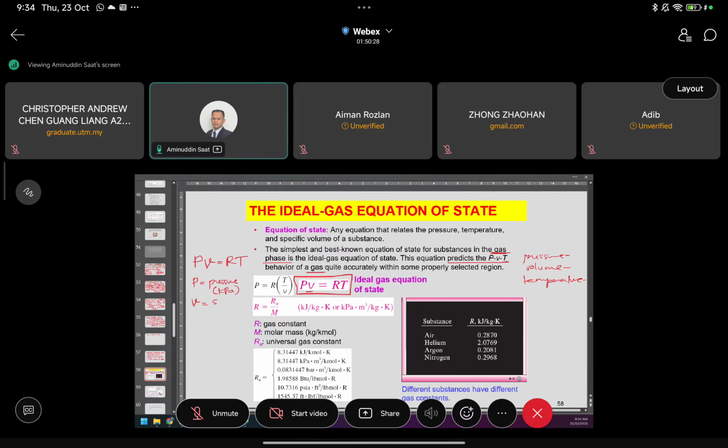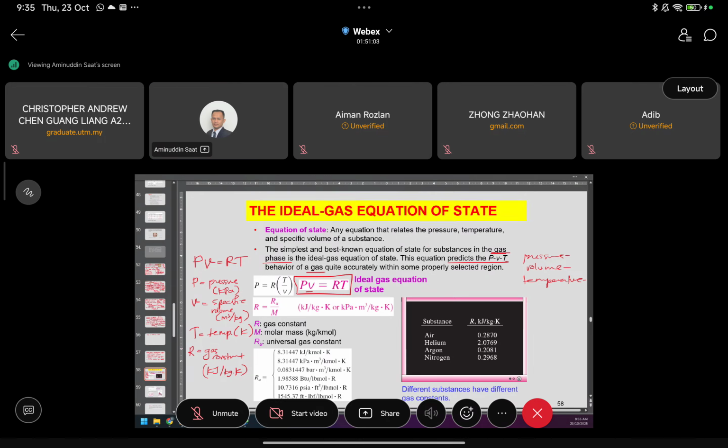V is a specific volume, in meter cube per kilogram. T is the temperature, in Kelvin, and R is a gas constant. What is a gas constant? It is the property of the gas. The unit is kilojoule per kilogram Kelvin.